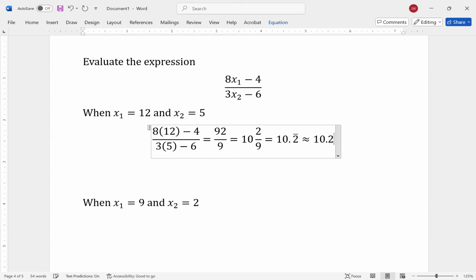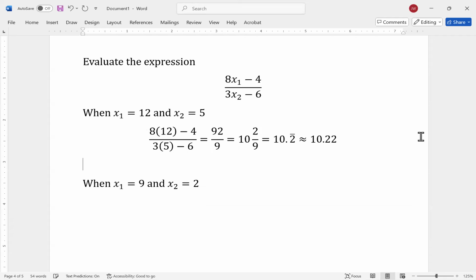You can round it to 1 decimal place or 2 decimal places. In this case, if you rounded it to 2 decimal places, it'd be 10.22. So there's a number of different ways to write that, whether it's an improper fraction, a mixed number, a decimal with repeating value, or rounded to 2 decimal places. But the key thing is, because of the way it's written, we simplify the numerator, simplify the denominator, and then divide.